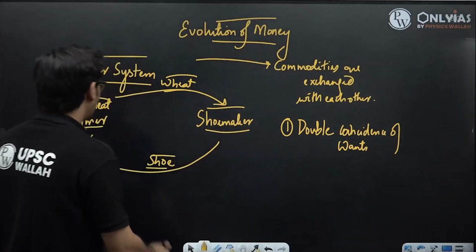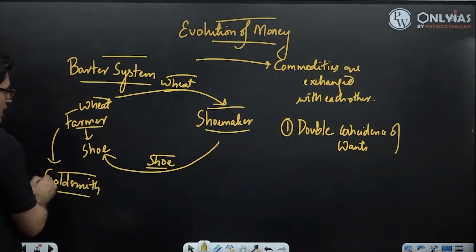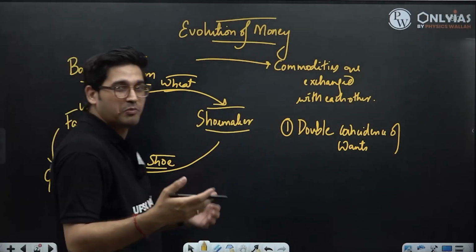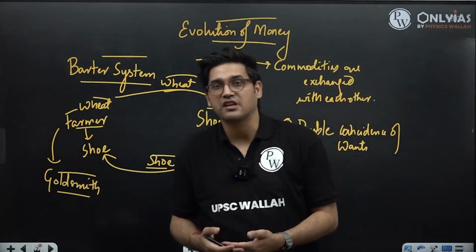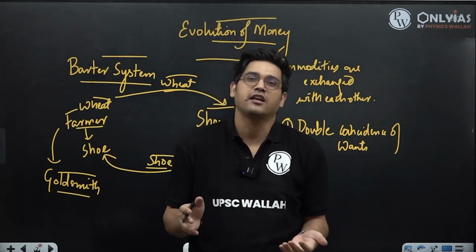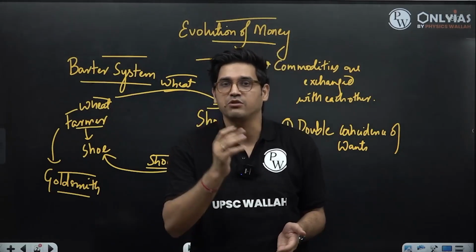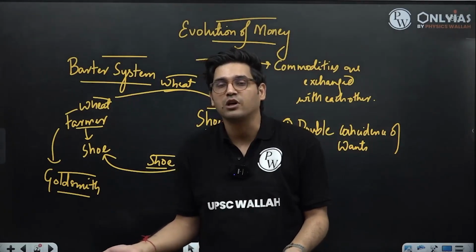If that's what he wants, I will have to source gold from somewhere. That means I, as a farmer, will have to first go to a goldsmith and I ask of him to please give me some gold. The goldsmith is going to ask of me once again, what is it that you are going to give me if I give you the gold? And I tell him I'm a wheat farmer, I'm going to give you wheat. What if the goldsmith also does not require that wheat? What if he is so well fed?